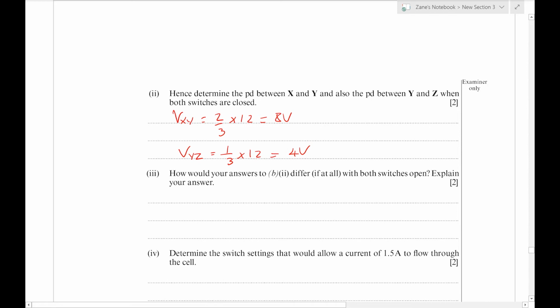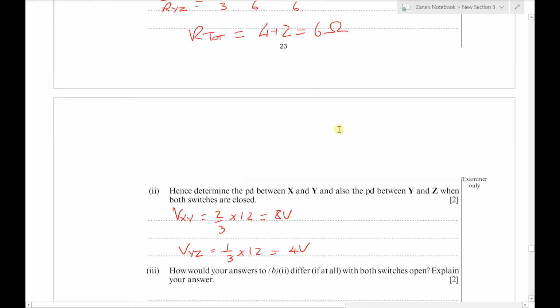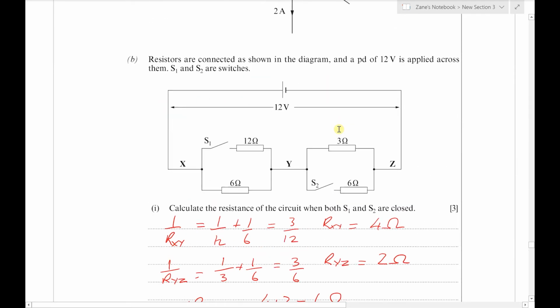Now the reason why I've decided to do it the ratio way is because of the next part of the question, which says, what would your answers be? Would they differ, if at all, with both switches open, and explain the answer. So with both switches open, between X and Y we've got 6 ohms, and between Y and Z we've got 3 ohms. And that again is still a ratio of 2 to 1. 6 to 3 is the same as 2 to 1.